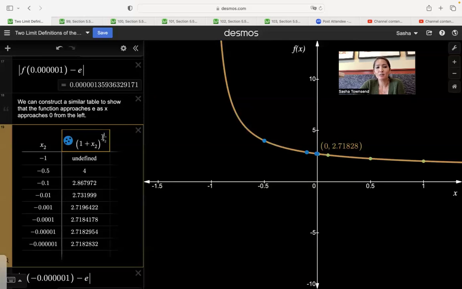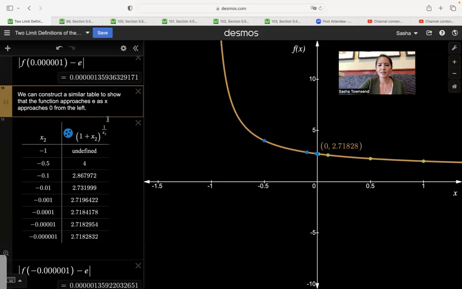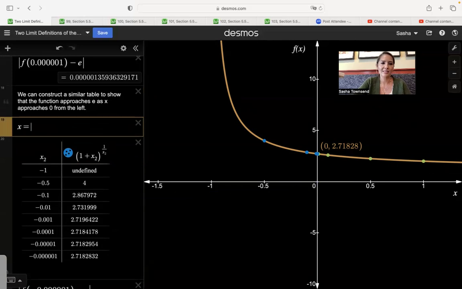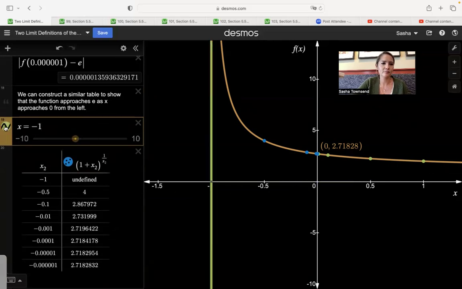So we end up with 0 to the -1 power. And whenever we have a negative power, we can rewrite that with a positive power. So it actually ends up being 1 divided by 0 to the first. And of course, you can't divide by 0. So the function is undefined there and therefore has a vertical asymptote at x equals -1.